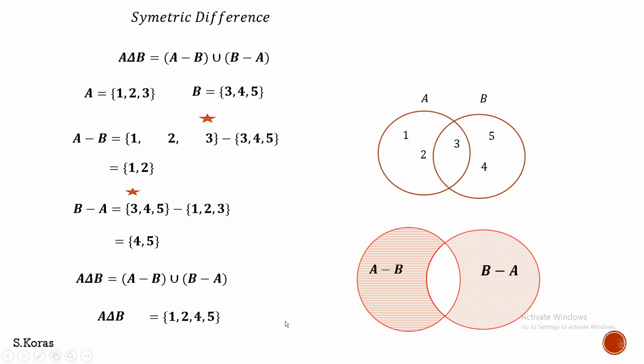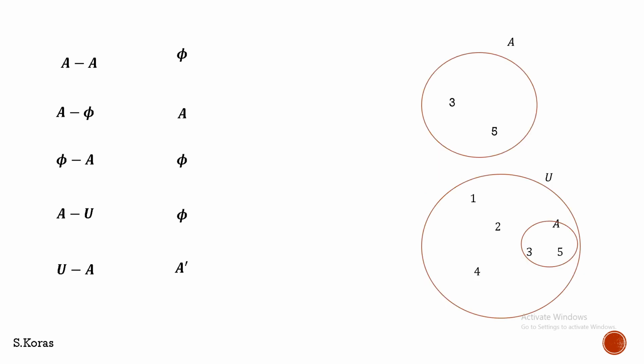So now we have learned what is union, what is intersection, what is difference, what is complement, and what is symmetric difference. Now let us see some simple examples or simple problems. What will be A difference A? We are removing A from A, so we'll get nothing.